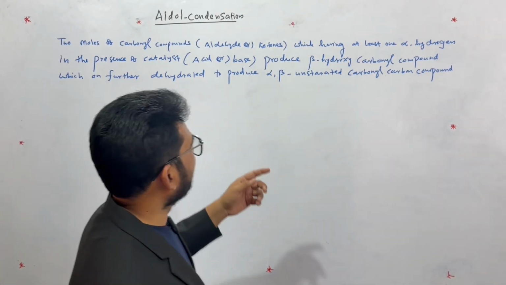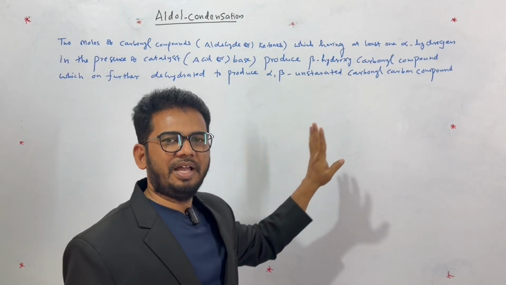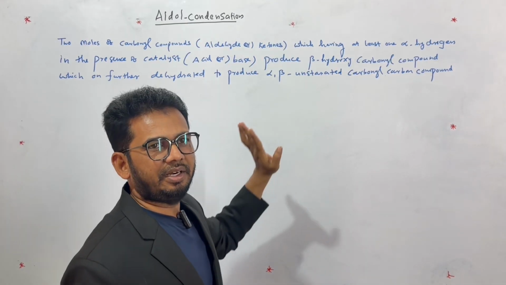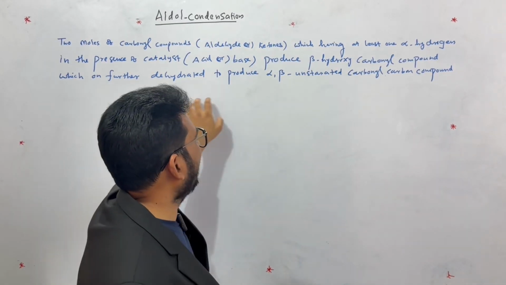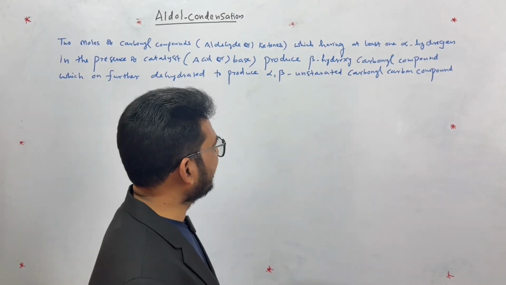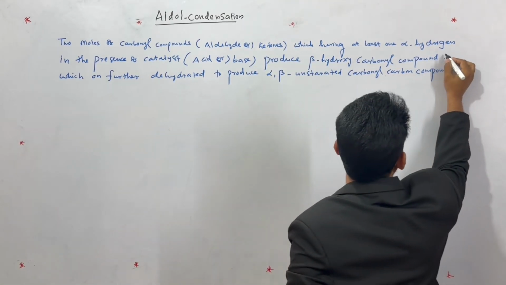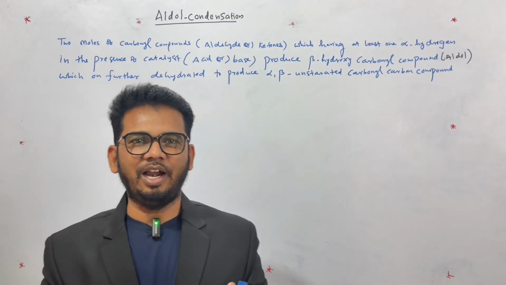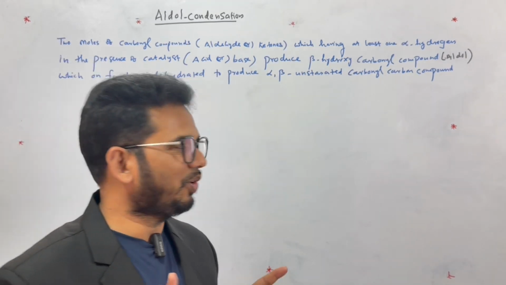In the presence of a catalyst, either acid or base, it will undergo the reaction to produce beta hydroxy carbonyl compounds. Beta hydroxy carbonyl compounds are called the aldol. This is the aldol reaction, only up to here.